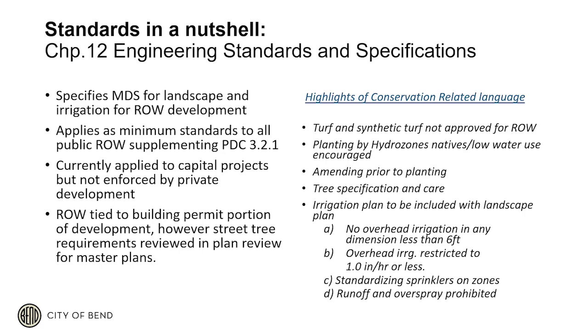So right now, this is supplemental to our private development code or our building code, which is chapter 3, which we'll talk about in a later meeting. But as far as I know, any inspection or review of these is tied to the building permit.